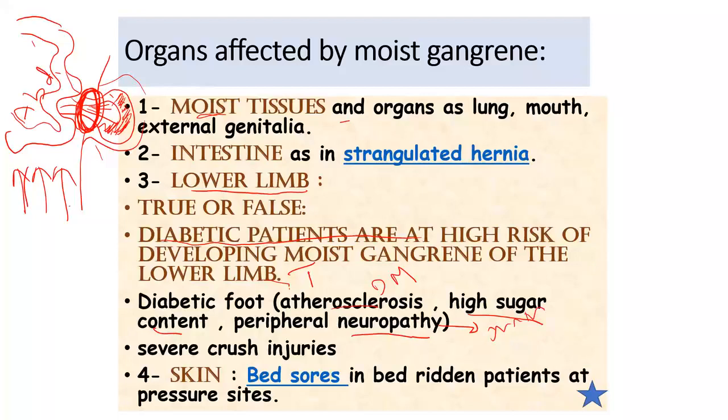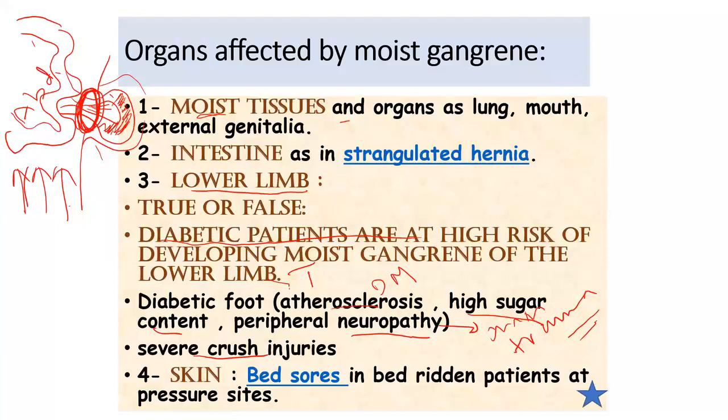Okay, and with loss of sensation you can have trauma, and this trauma can lead to access of the microorganism by abrasions or wounds through the area of ischemia and necrosis. So the patients with diabetes mellitus, especially uncontrolled diabetes, are at high risk of developing moist gangrene of the lower limbs. Severe crush injuries, as in case of car accidents, can lead to moist gangrene also.